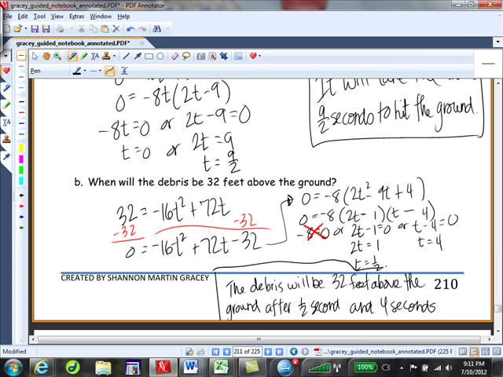So there's 2 points where you'll get a number that will satisfy the equation.